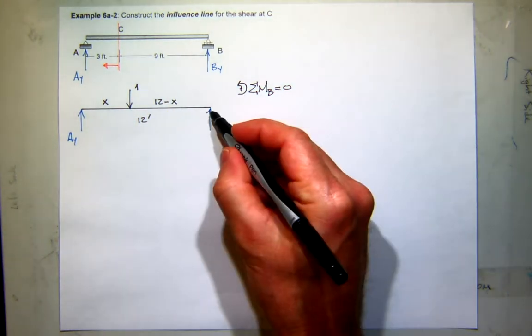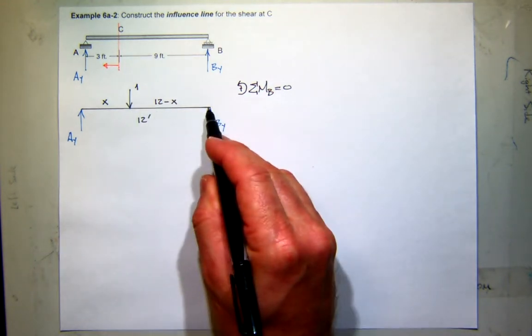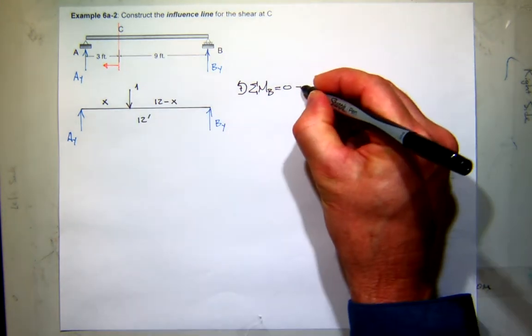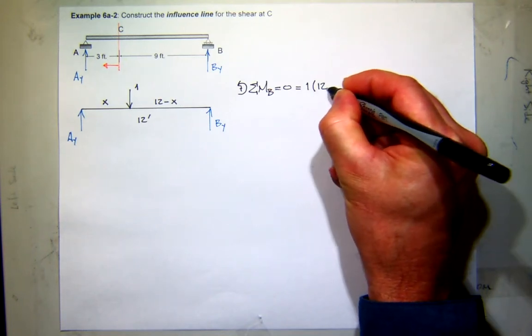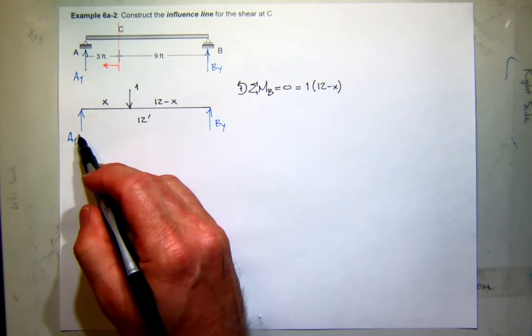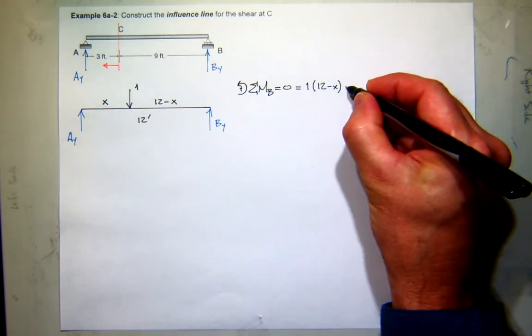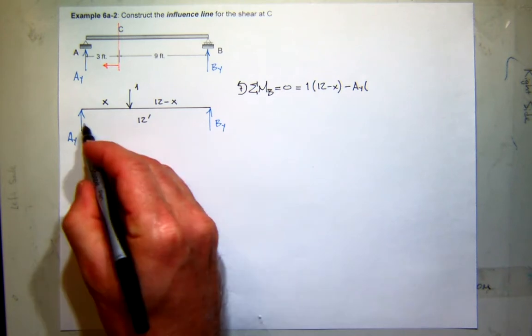So about B, the moment due to the unit load has this moment arm, 12 minus x, and it is positive. So I'll have 1, there's my force, and 12 minus x is the moment arm. So that accounts for this. And then I'll have AY, which is creating negative moment, and then I'll have a moment arm of 12.